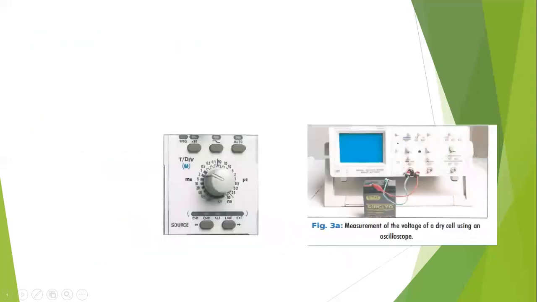Here we have in these figures the schematic of the oscilloscope, which is used to measure the voltage and see the shape of this voltage on a screen. Here are the time base in millisecond per division.